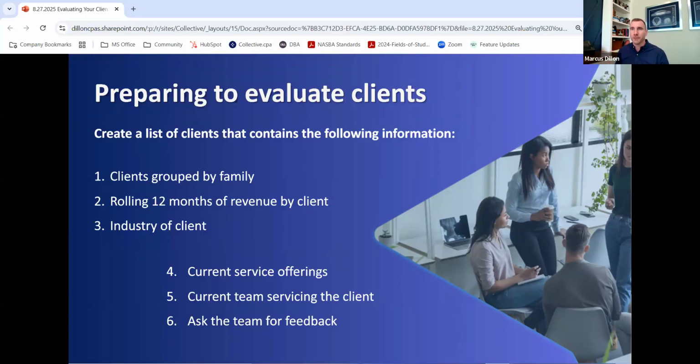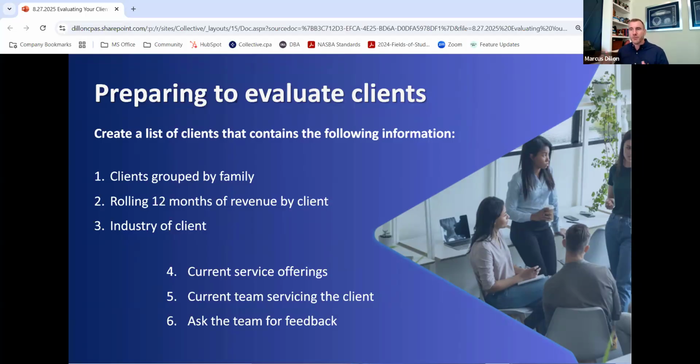Maybe you have a really good relationship with a financial advisor or an attorney, and you just want to group those clients that way. So whatever that looks like for you, identify who is connected first and start there. That way, as you begin to work down your list, you start to see where the big relationships and those groupings are. So that's step 1.